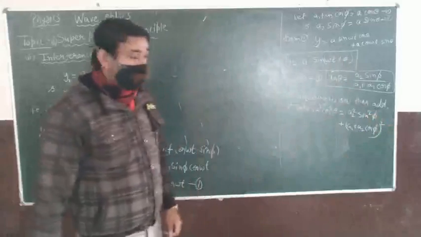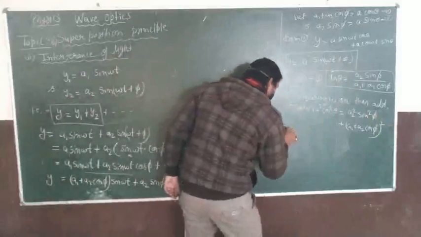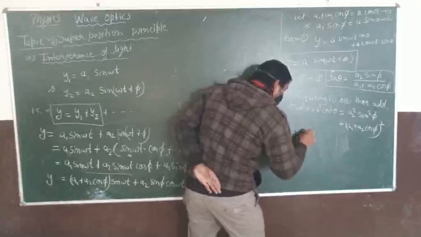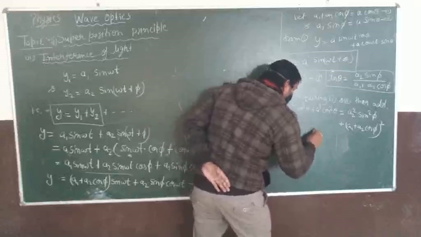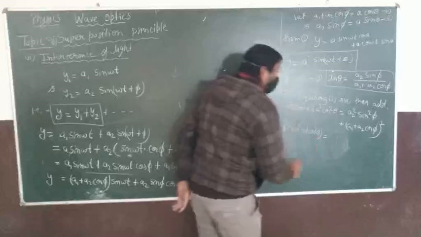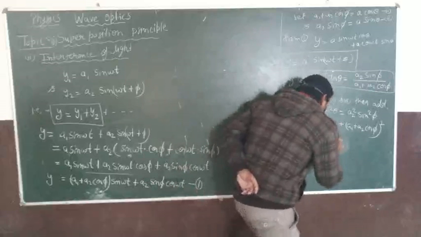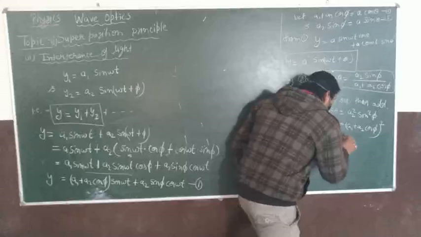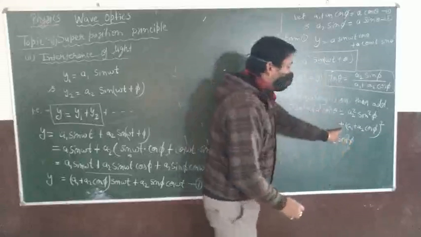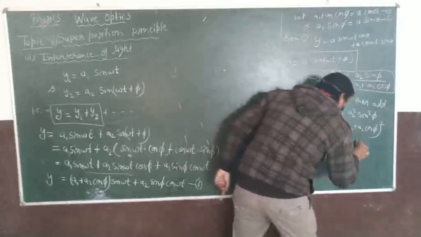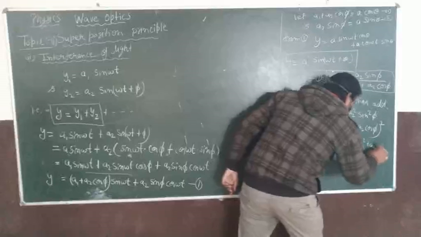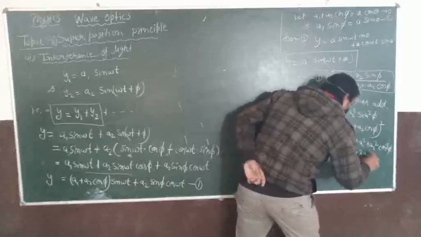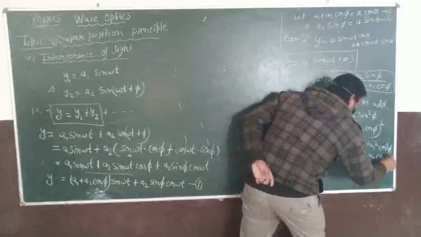whole square. Now, A square is common, with sin square theta plus cos square theta, and it is equal to A2 square sin square phi plus, by opening the whole square, A1 square plus A2 square cos square phi plus 2 A1 A2 cos phi.